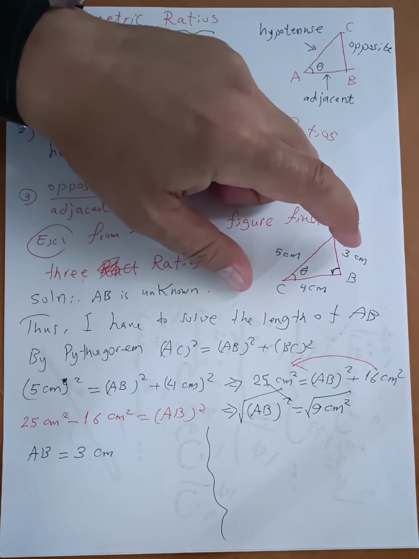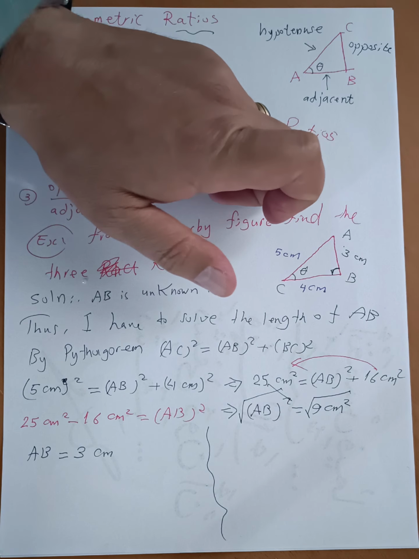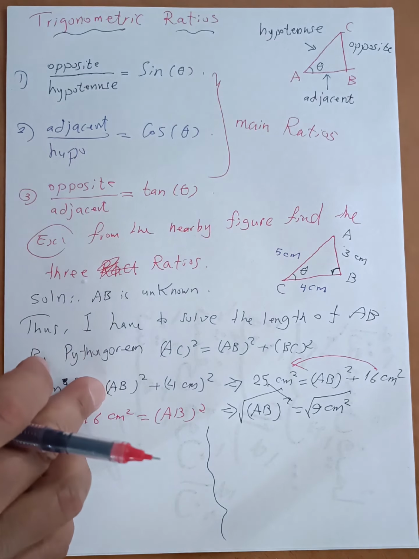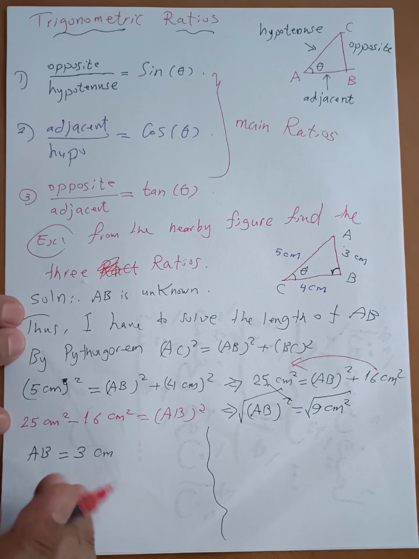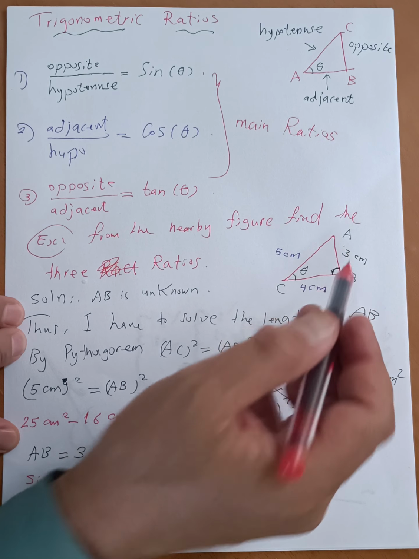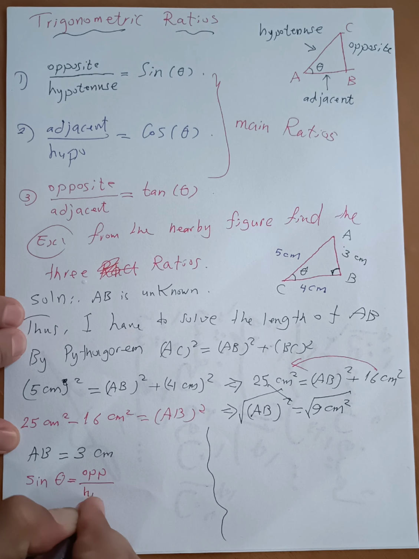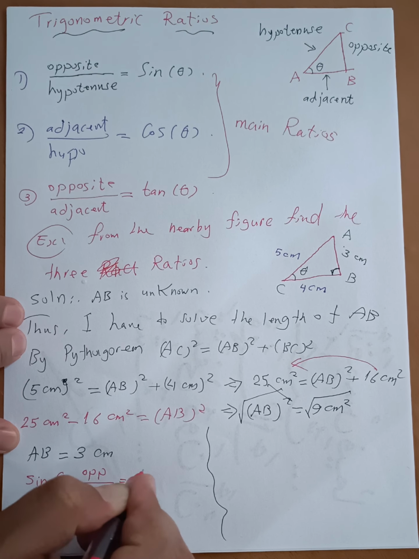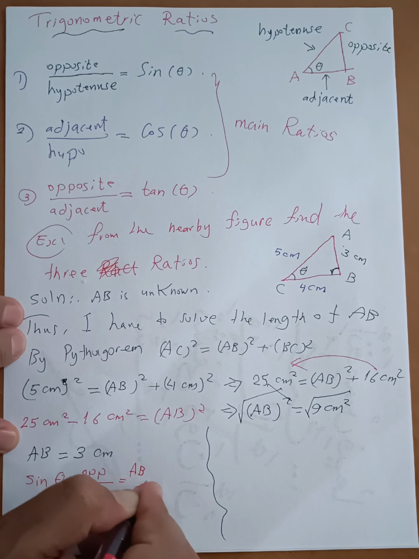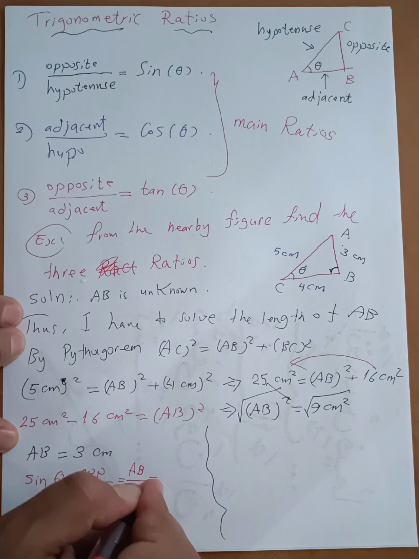Now, since all the lengths exist, I can find all the ratios, dear students. I will start with the sine. Sine of theta equals the opposite, AB, over the hypotenuse AC.